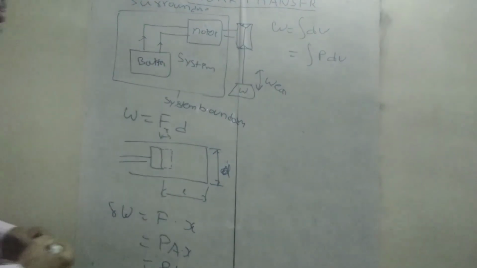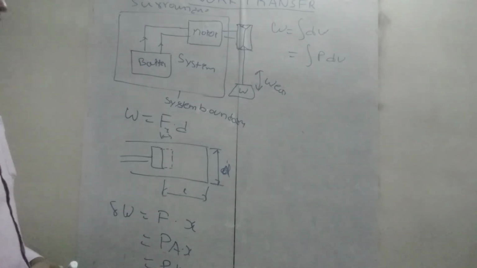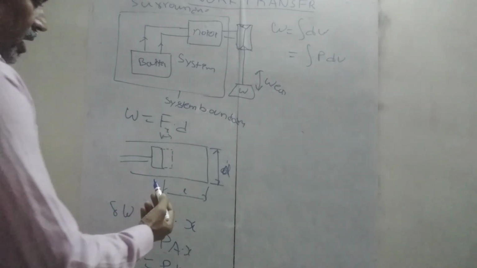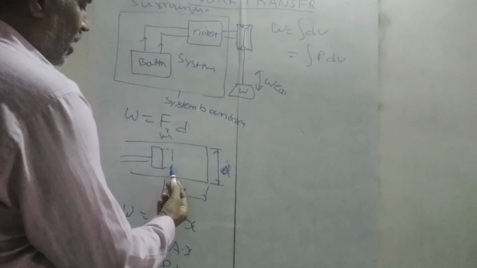At this point, we can differentiate between a path function and a point function. Work is said to be a path function because the work is done by the displacement of the piston.